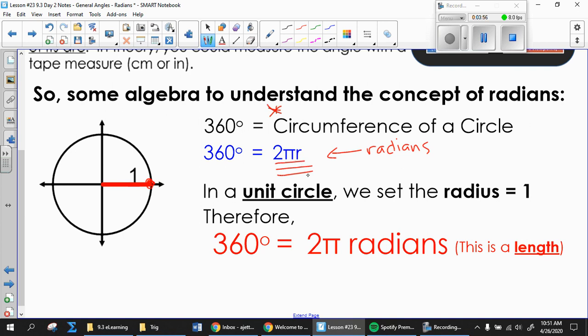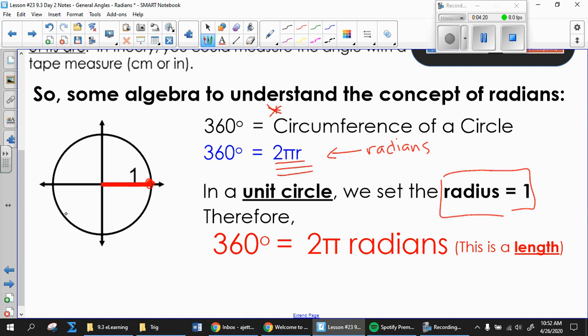Now, for us with radians, we always think about it in terms of a unit circle. What we mean by a unit circle is that the radius is 1 unit. These radians could change if the radius was changing.